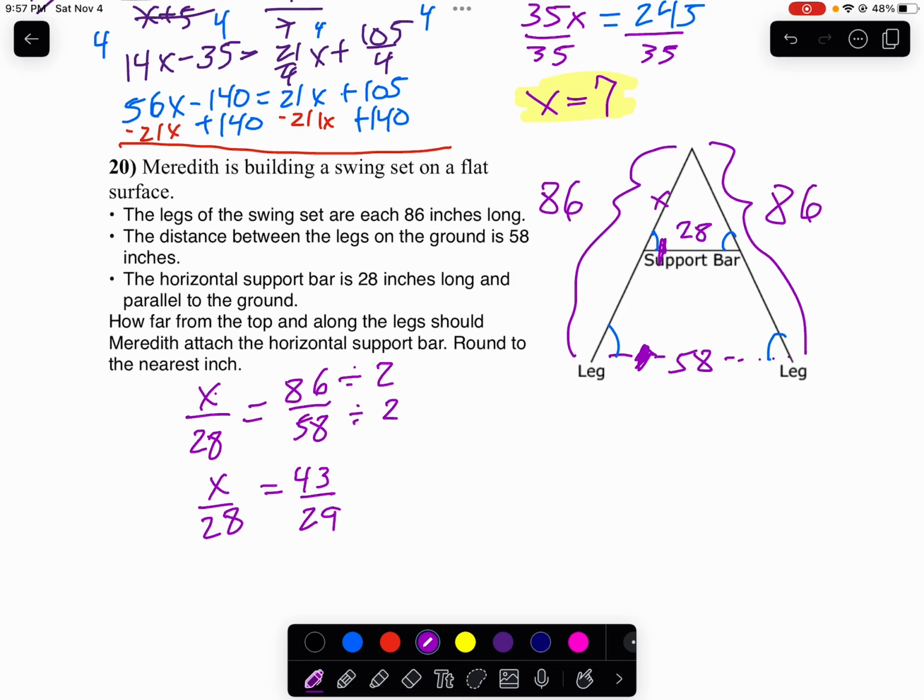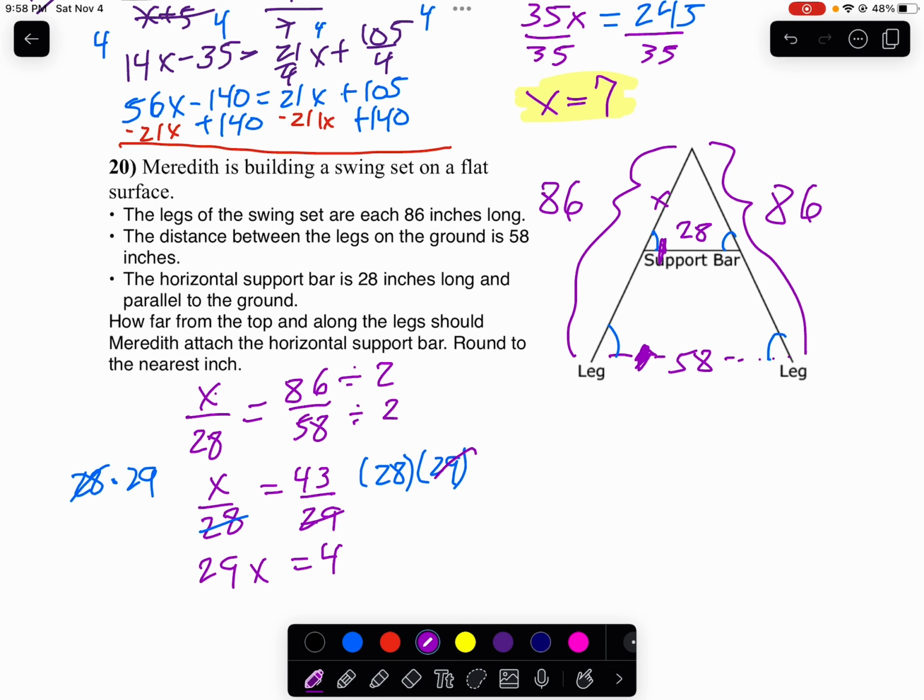Now I can't see an equivalent fraction here, so I'm going to multiply both sides by 28 times 29. And that'll just clear my fraction. So my 28's reduce, and I'll get 29x equals, and my 29's reduce, and I'll get 43 times 28.